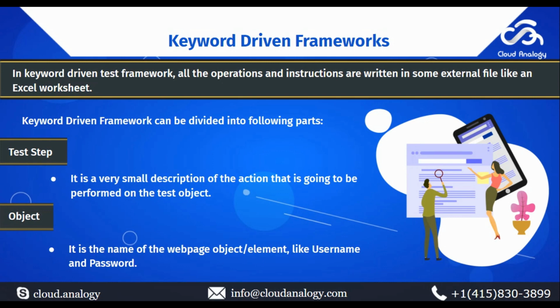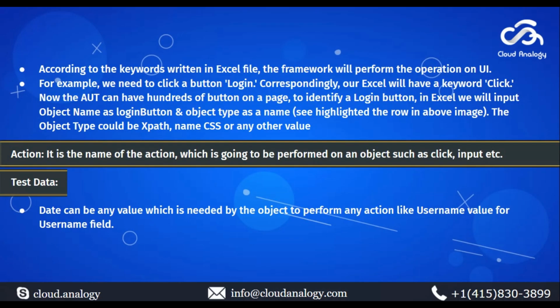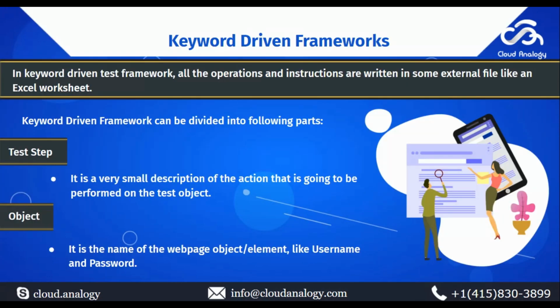The keyword-driven framework can be divided into the following parts: test step, object, action, and test data. Let's talk about test step. It is a very small description of the action that is going to be performed on the test object.